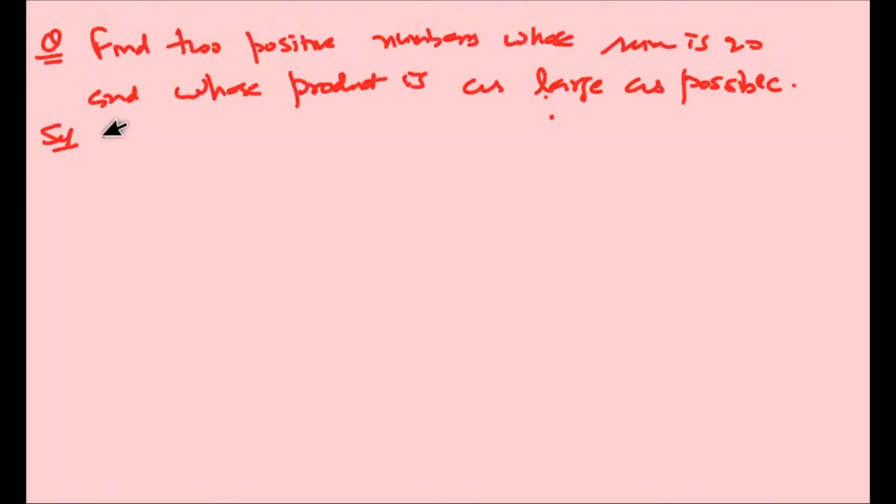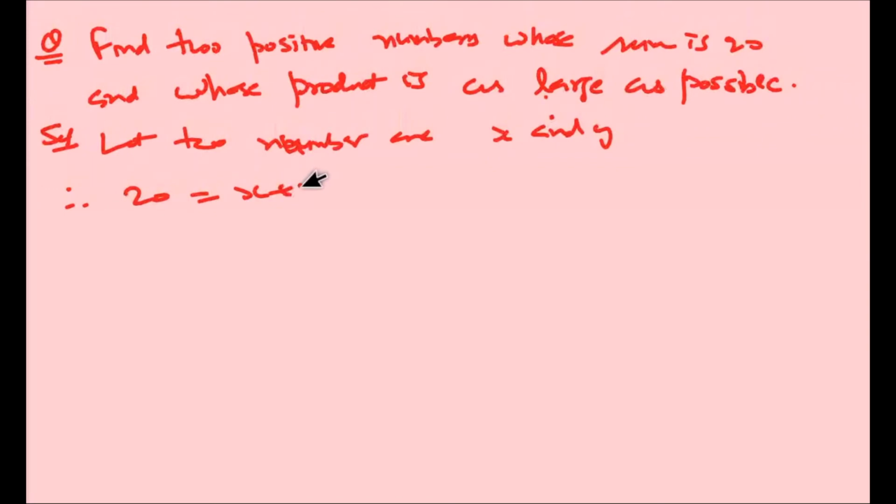Okay, let the two numbers be x and y, hence 20 = x + y. The sum of two numbers is 20 and their product is x into y.